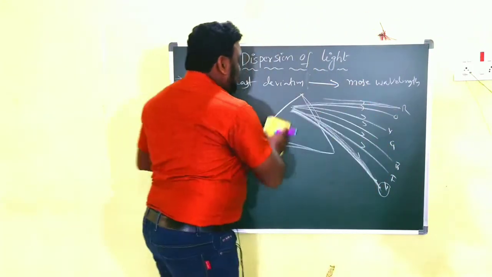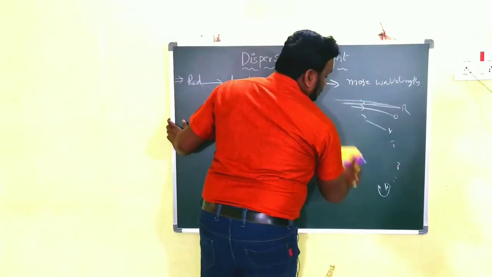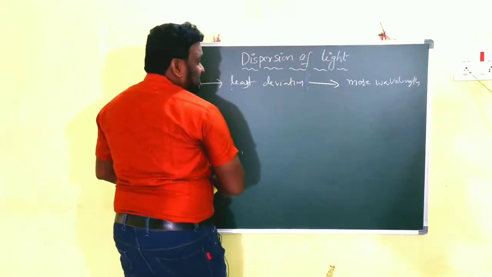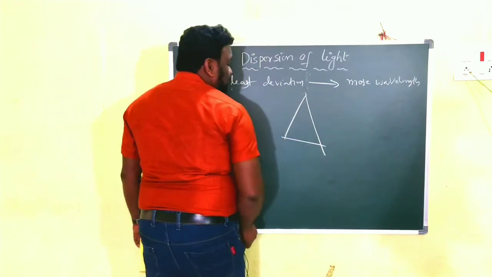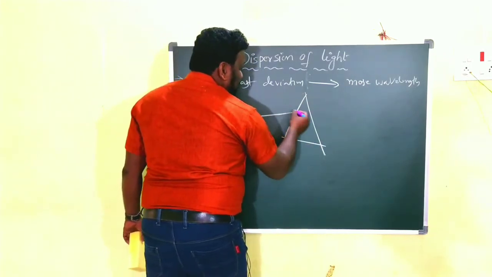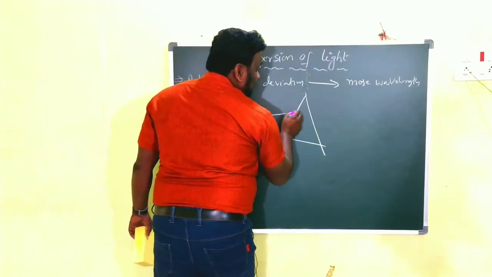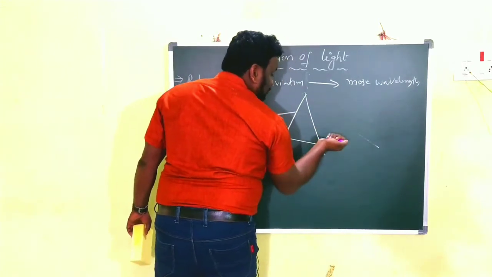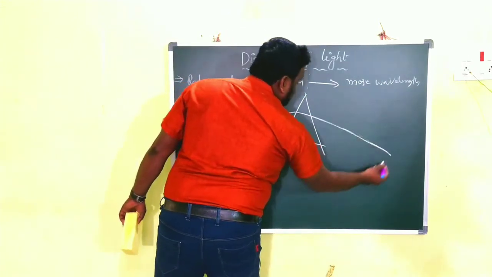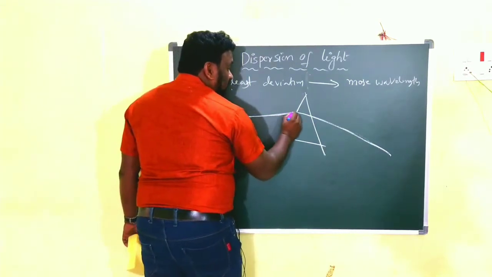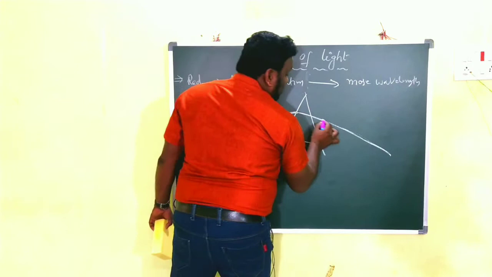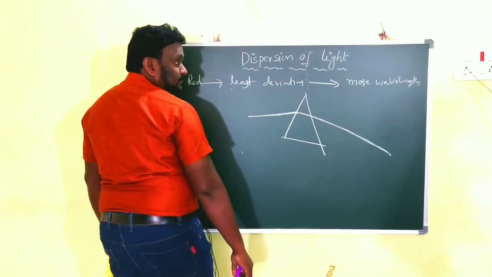Here, for example, just imagine this is any obstacle, anything like a prism. The ray comes like this and is refracted, so it is going like this. This is the path of the incident ray, and this is the refracted ray.